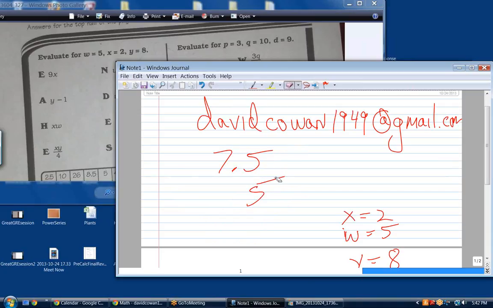Whenever I'm subtracting or adding, I know that the 5 is a whole number. I can add the 0 if I want. I don't even need to. If you think about 7.5 minus 5, 2.5. All right.